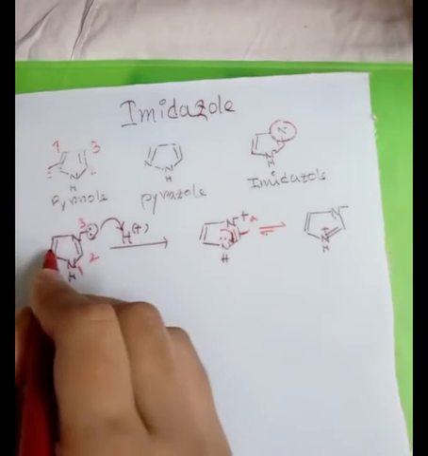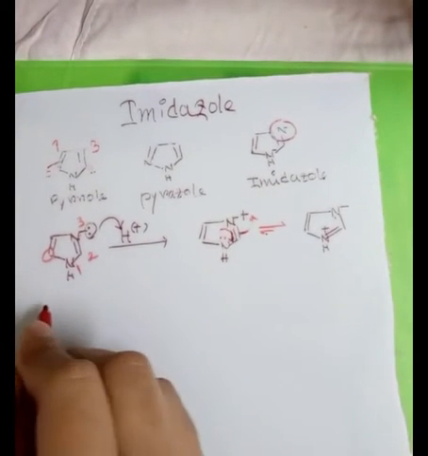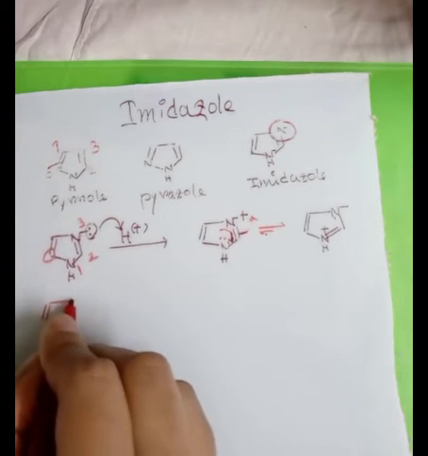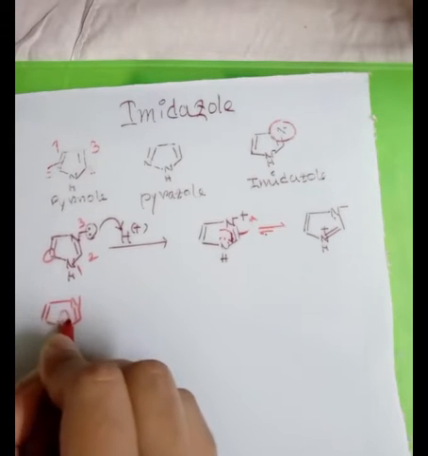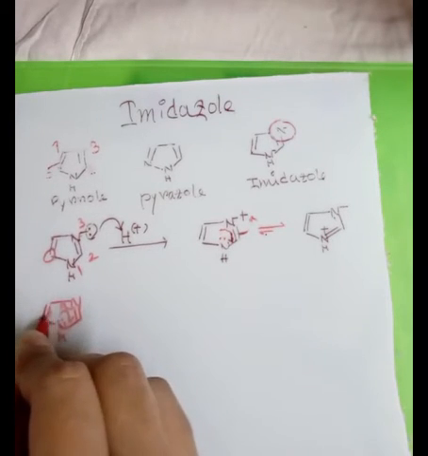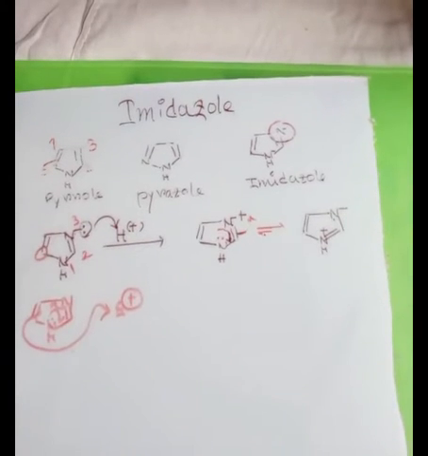The C5 position is this 1 2 3 4 5. Now it will capture the electrophile.